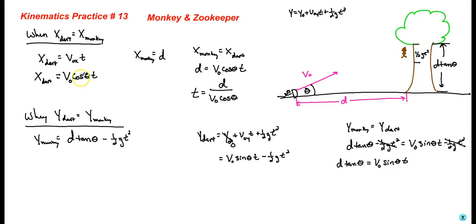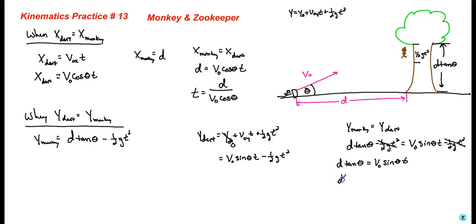Again, when the monkey and the dart are at the same horizontal position, time is equal to d over v cosine theta. So if we plug it in here, we're saying that they have the same x position, and then if they're also at the same y position, these two sides should be equal to each other. So that's what we're going to do now.